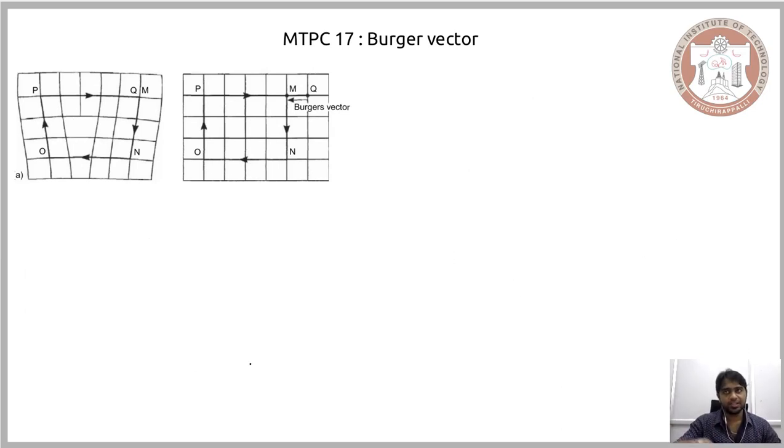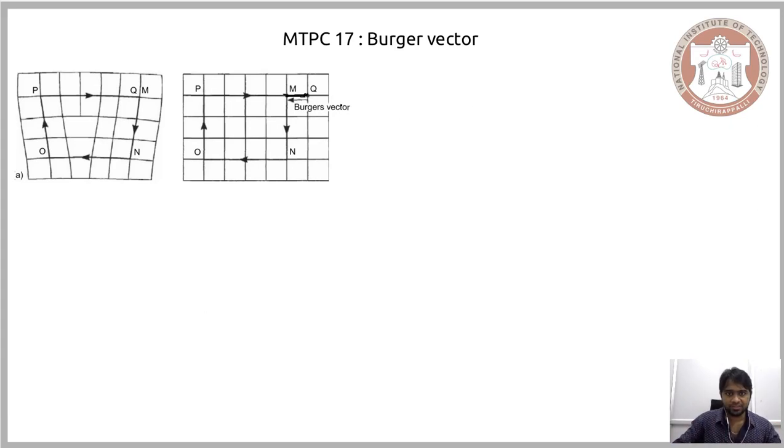Let us assume that in this case we have considered the left hand convention and the line sense in such a way that we have a clockwise path for the positive edge dislocation. In such a case, the magnitude of the Burgers vector is the interatomic distance. So it is the distance between two atoms in the regular arrangement within a simple cubic structure.